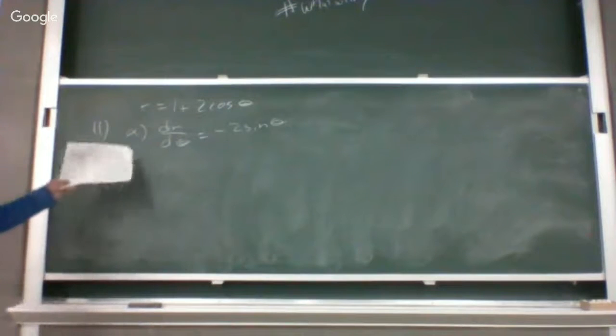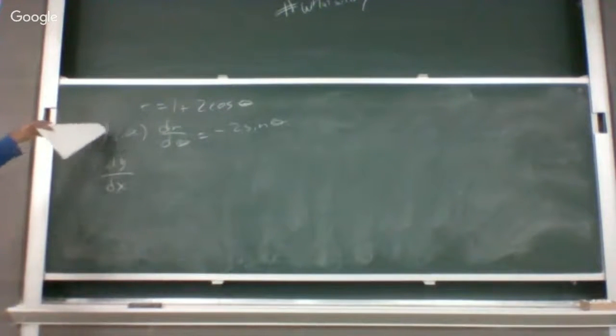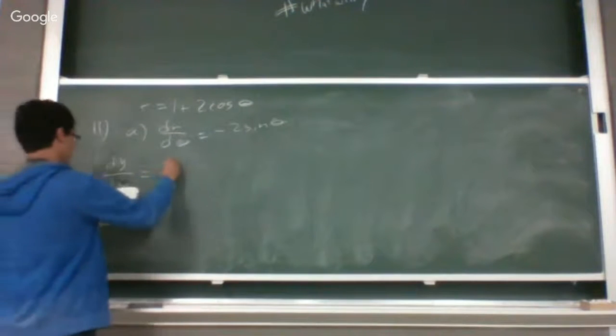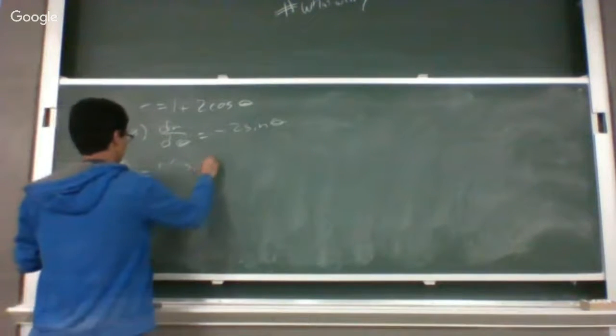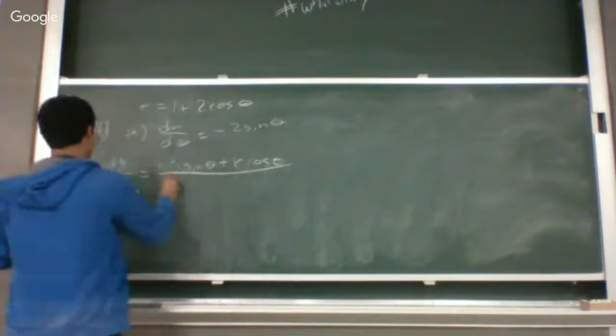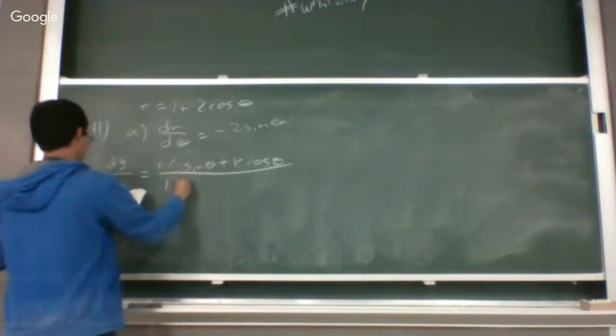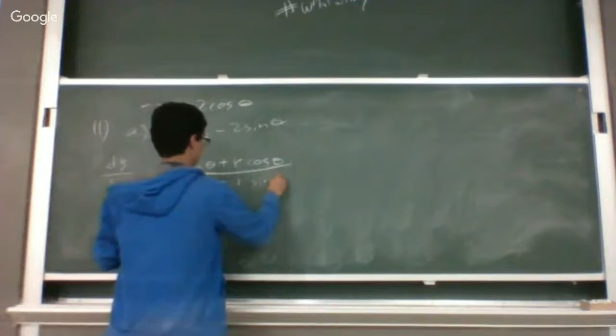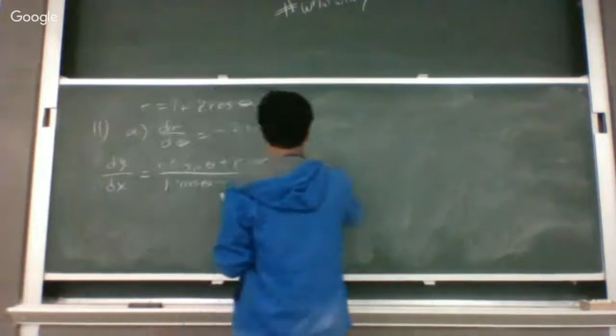In this case, r is not equal to 0, it's not at the pole, so we use the longer equation, which is r prime sine of theta plus r cosine of theta, divided by r prime cosine of theta minus r sine of theta, and then we plug everything in.